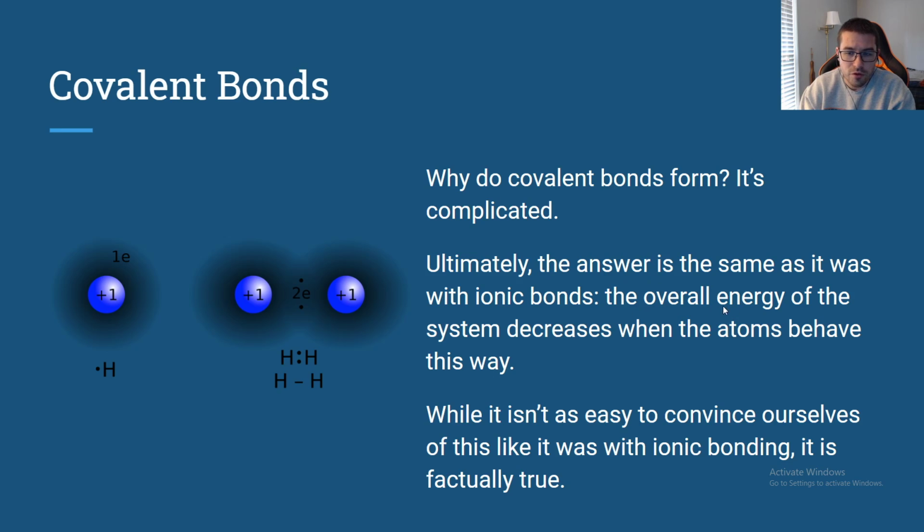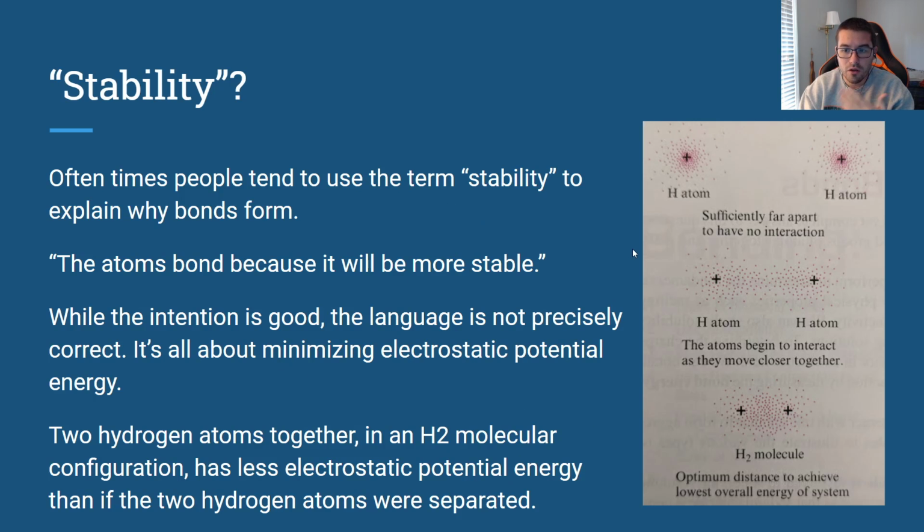The overall electrostatic potential energy of the system decreases when a covalent bond occurs. And so what I would like to do is look a little bit more at an explanation so that in our heads we can explain it a bit better.